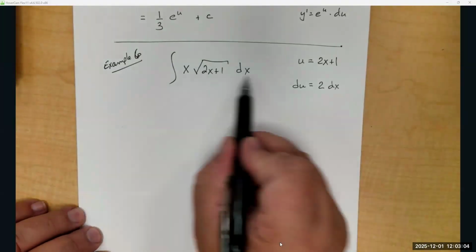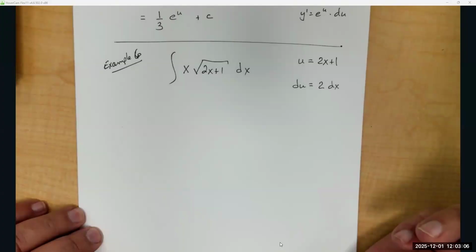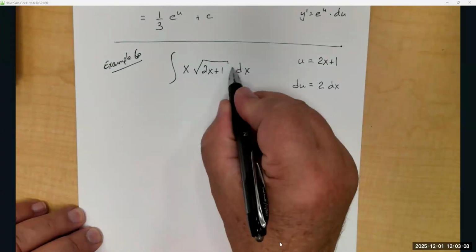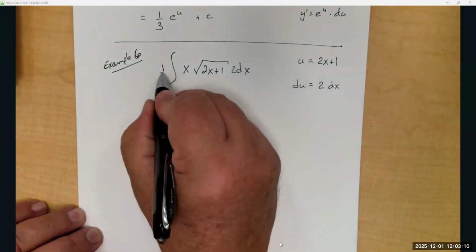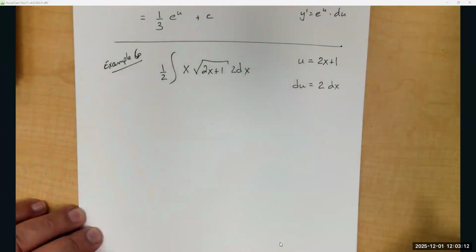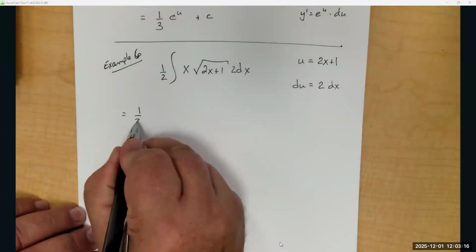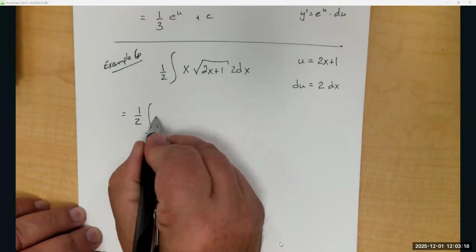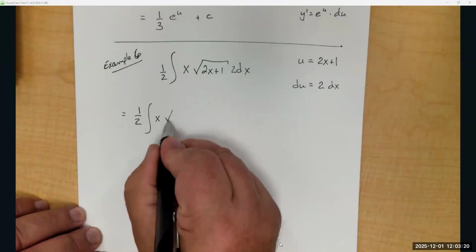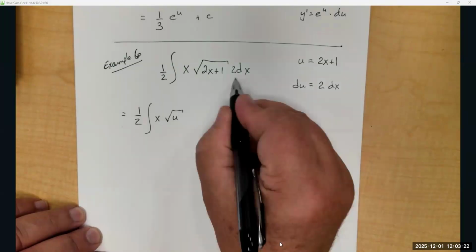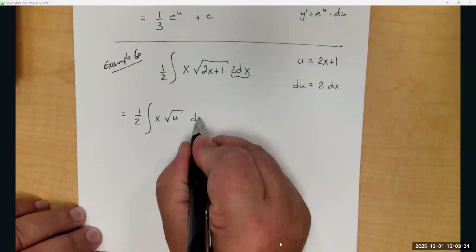Okay, so what are we missing so far? So we put a 2 in front of there and a 1/2 out in front. All right, so that means we have 1/2 out in front. The integral of x square root of u, this is du.